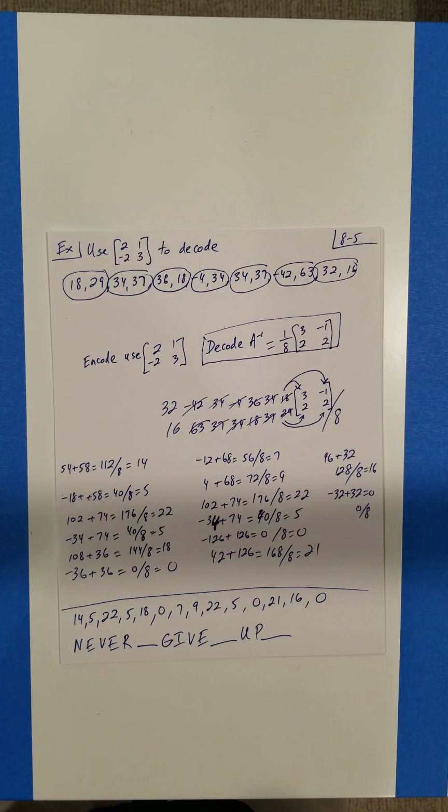Looking at my chart, that's an N. 5 is E. 22 is V, E. 18 is R. Now 0. If you see, 0 is a space. Then 7 is G. 9 is I. 22 is V. 5 is E. 0 is a space. 21 is U. 16 is P, and 0 is a space.